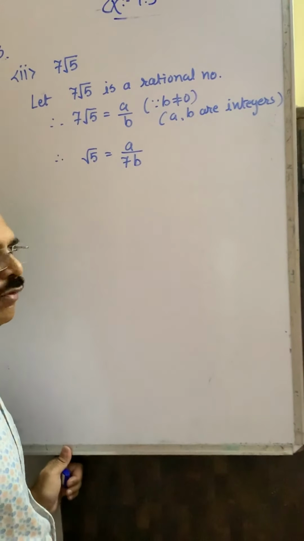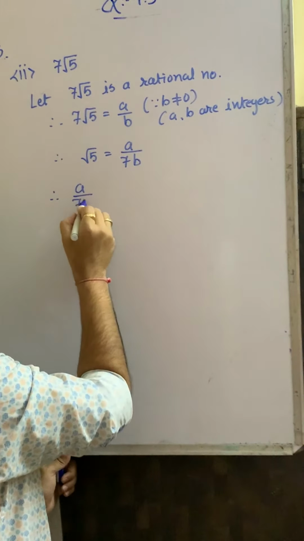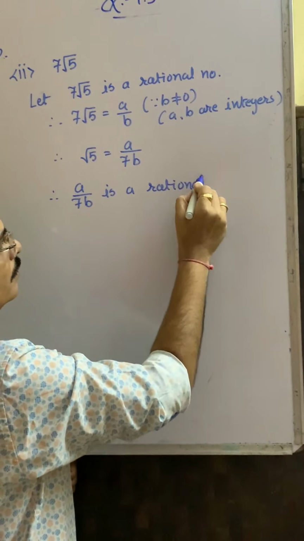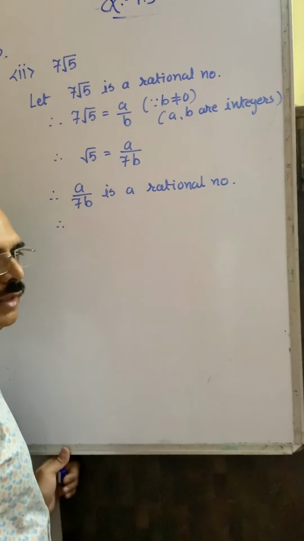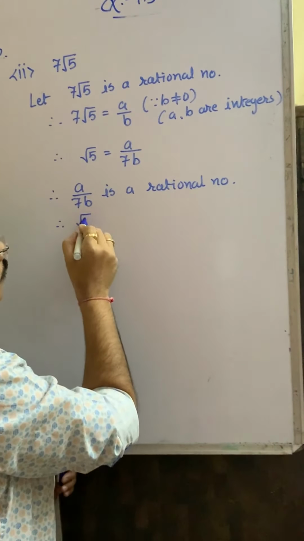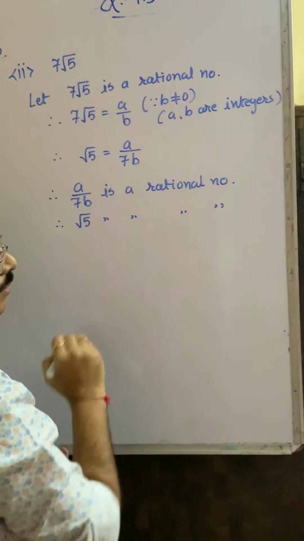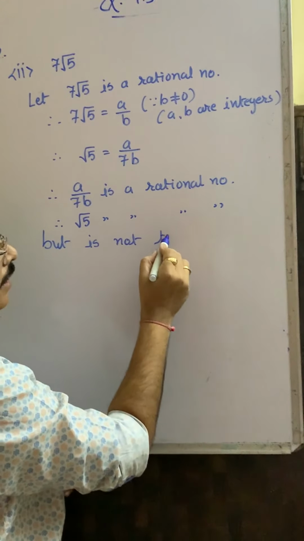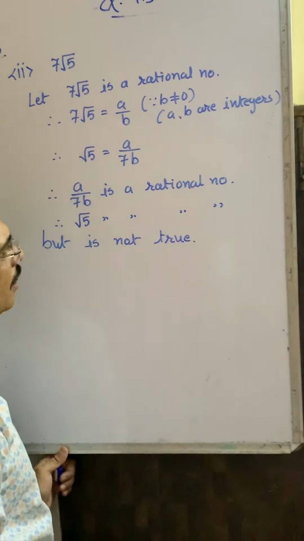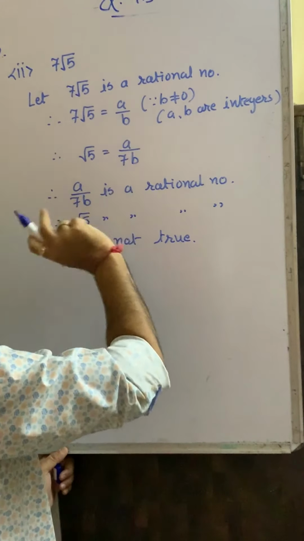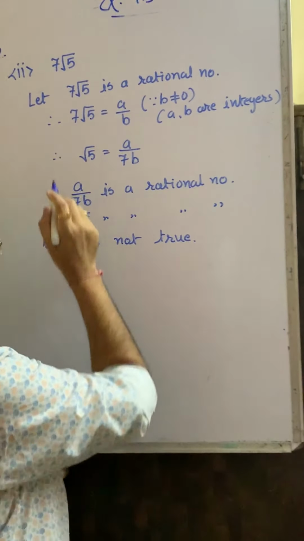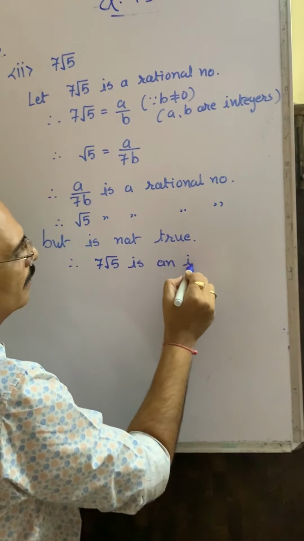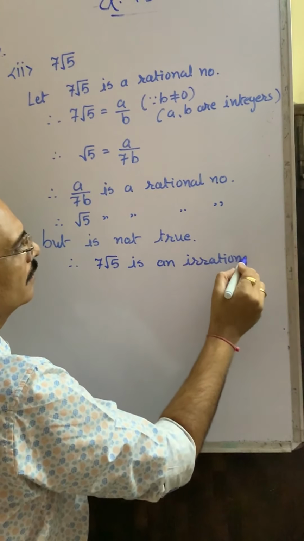A upon 7b is a fraction, a rational number. It means root 5 is also a rational number, but it is not true because root 5 is an irrational number. Therefore, our supposition is wrong. Therefore, 7 root 5 is an irrational number.